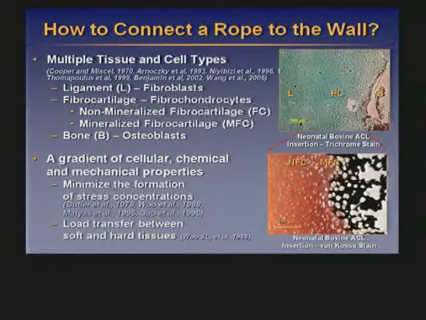It also minimizes the formation of stress concentrations. So you can go from soft to semi-hard, then to hard tissue. The deformation is not sudden, so failure is limited. Consequently, this interface is extremely critical when you're trying to connect different types of tissues together to assemble, let's say, a total joint.